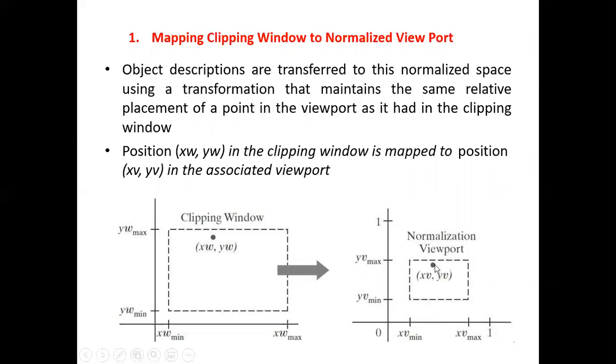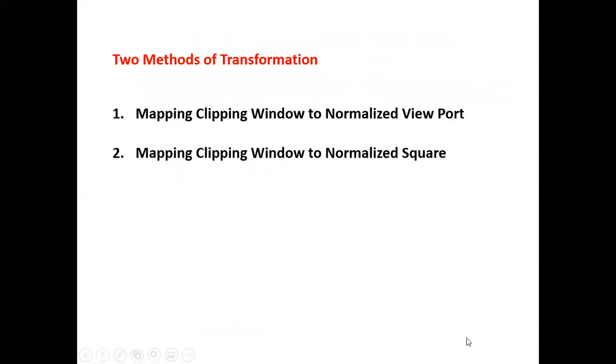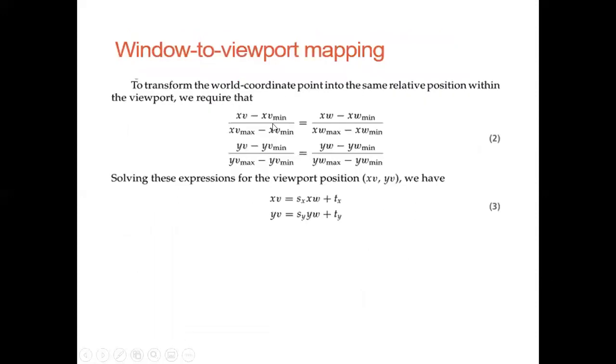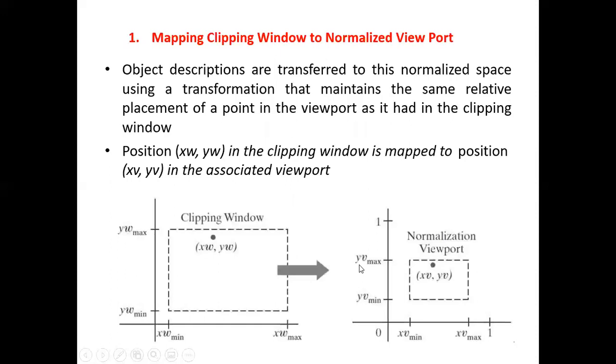This length we have to consider, so xv minus xv min gives me this particular distance. And the total length is xv max minus xv min. So we take xv minus xv min divided by xv max minus xv min.